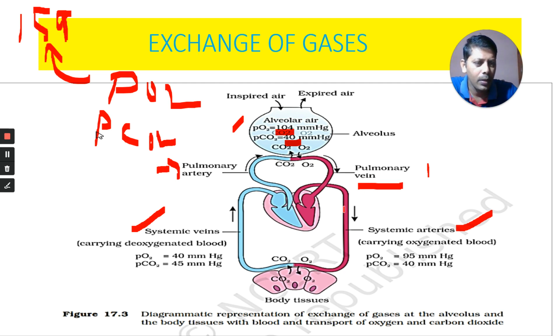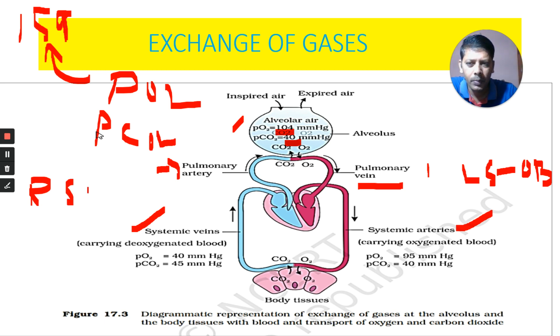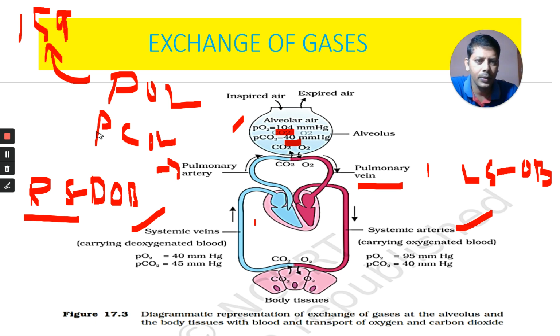Oxygenated blood is on the left side of our heart. This is the right side of our heart. Deoxygenated blood is present on the right side of our heart.